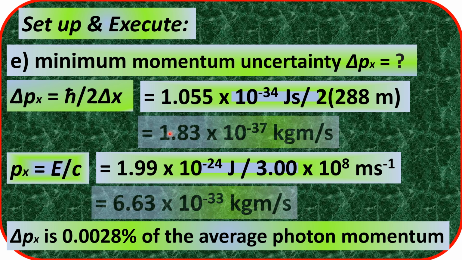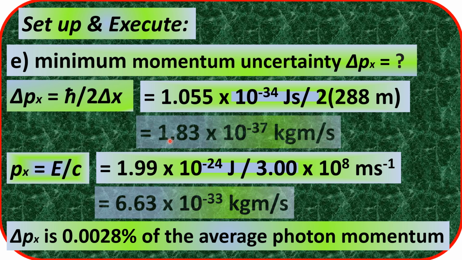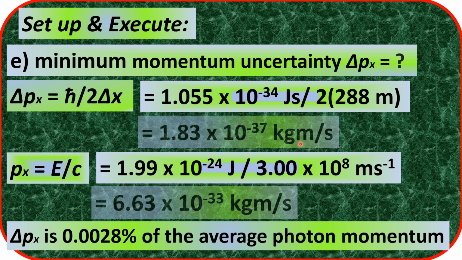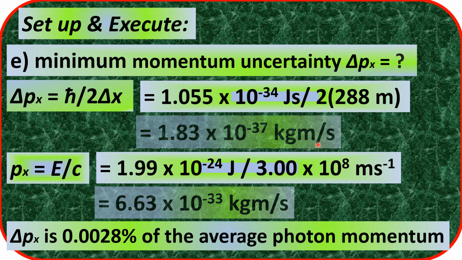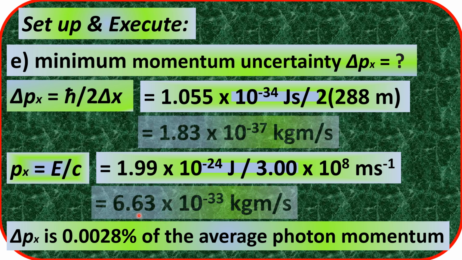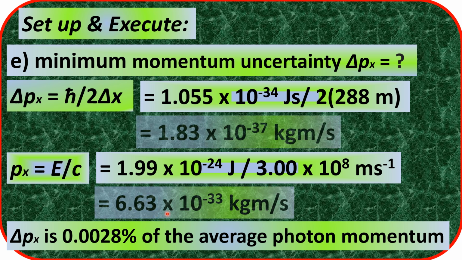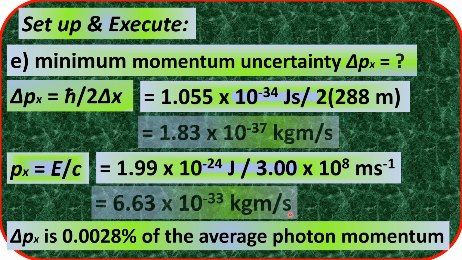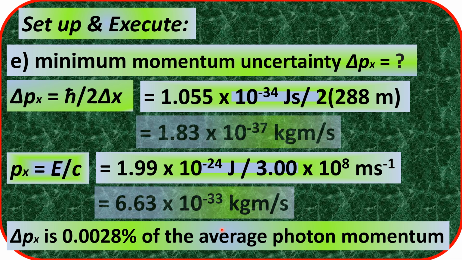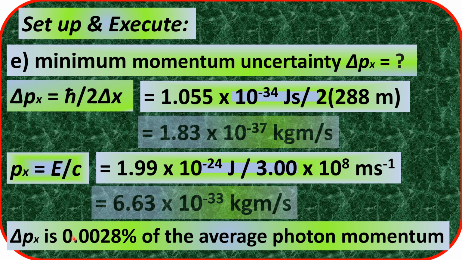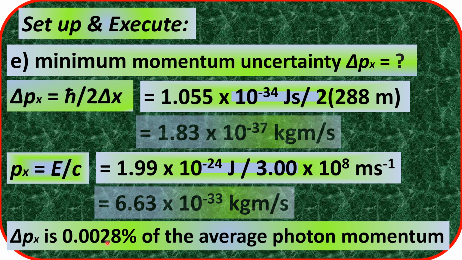Delta p sub x, 1.83 times 10 to the negative 37 kilogram meter per second, when divided by the photon momentum p sub x, 6.63 times 10 to the negative 33 kilogram meter per second, and converted to percent, that's just 0.0028%.